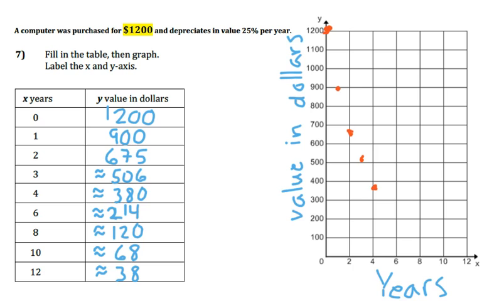Next, 6, 214. And then 8, 120. And 10, 68. And 12, 38. And so that's our graph of our situation.